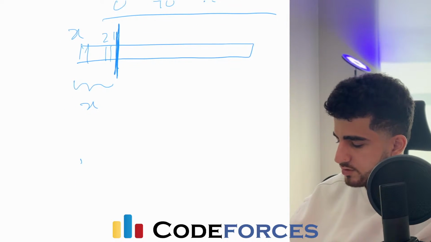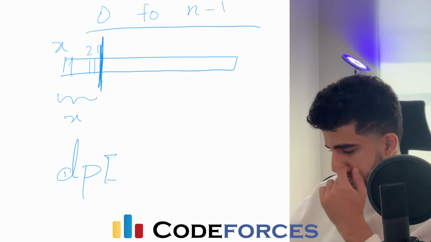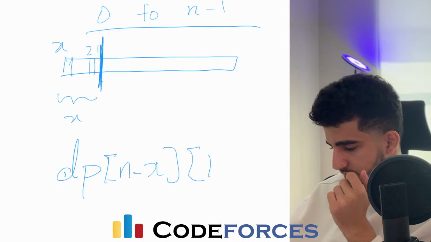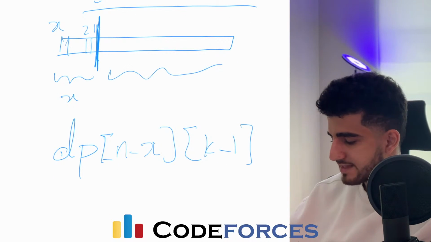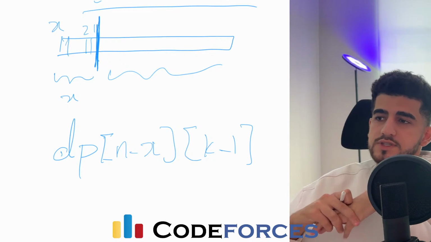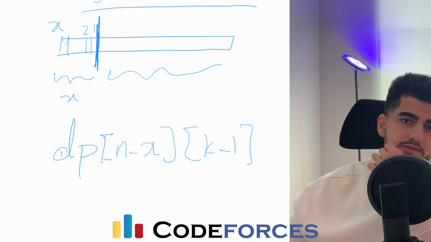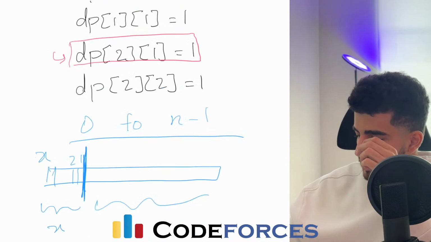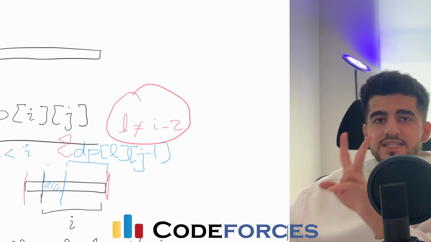Our answer is going to be dp of n minus x and k minus 1, because in here we should have at least k minus 1 numbers. And there's one other thing that is important. If something becomes greater than k minus 1, you can assume that it is k minus 1. Or you can say that if it became greater than k, you can have a limit, that okay, I consider these many different numbers.